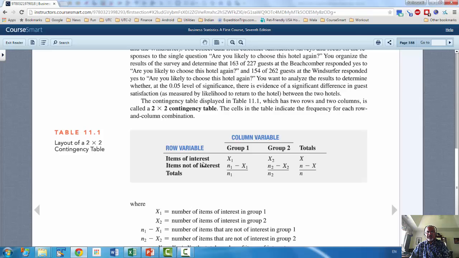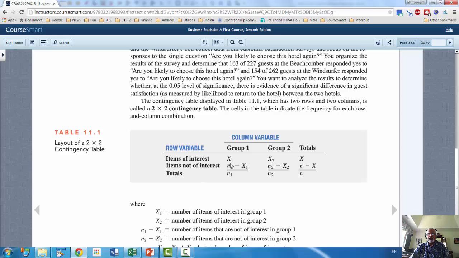The item of interest, or success, in the example is a guest saying they will return, and not of interest is no, I will not return. Then we have several groups within which you ask the same question and you have the same two possible answers.